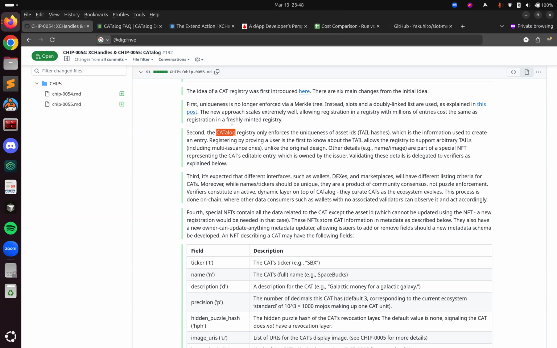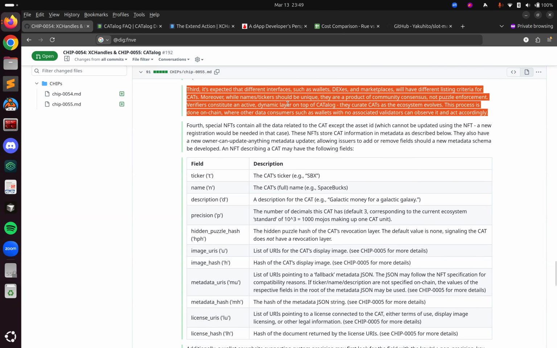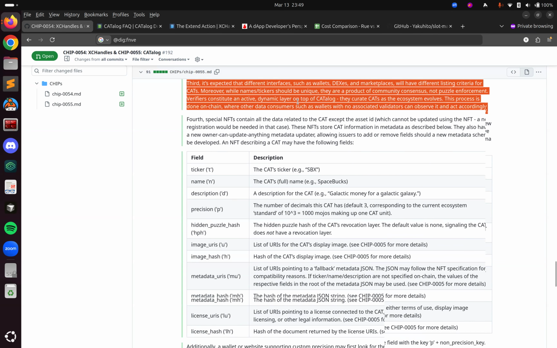So really, Catalog, the decentralized system, will handle tracking registrations and resolving hashes to data. And then this kind of network of verifiers, which I'll get to a bit later, will handle these disputes. This just describes the existence of these verifiers.